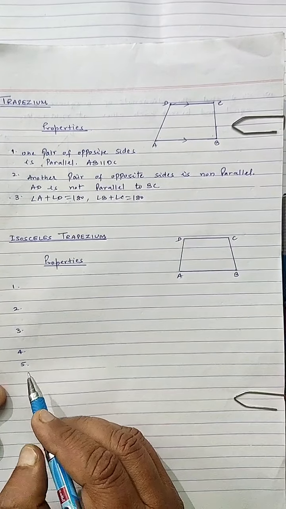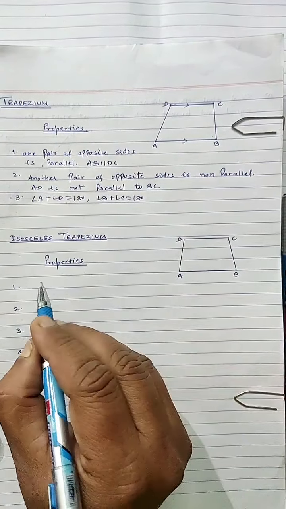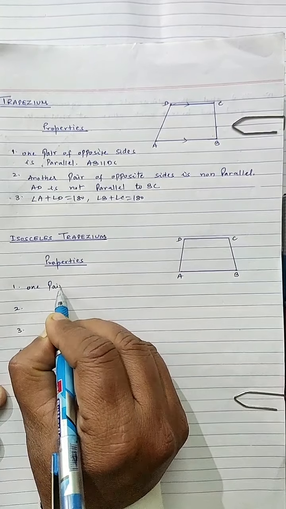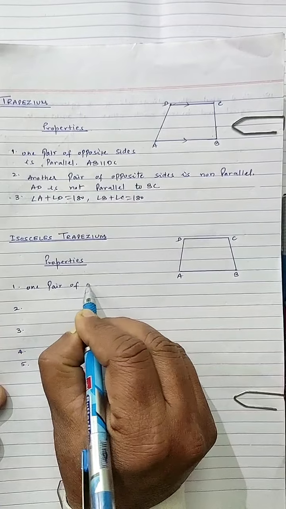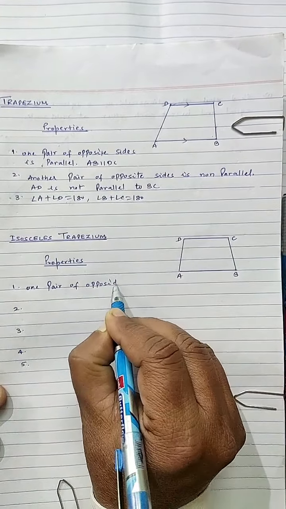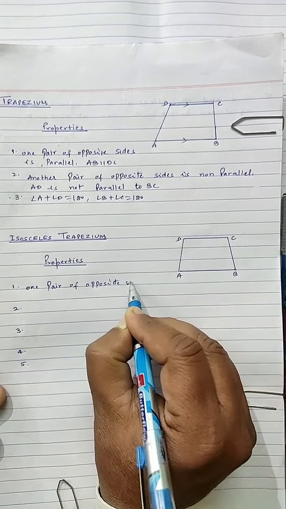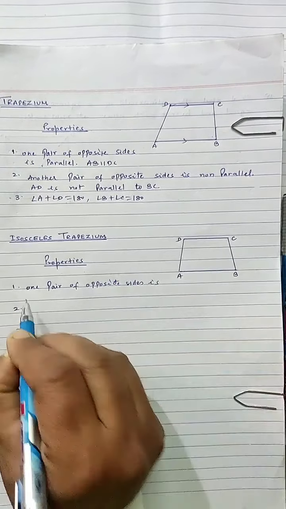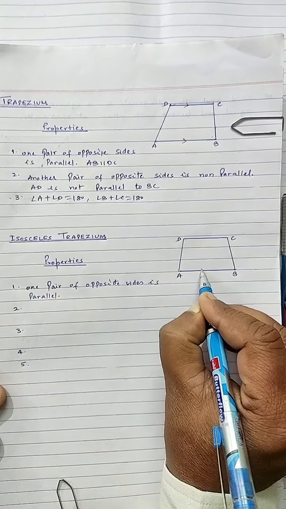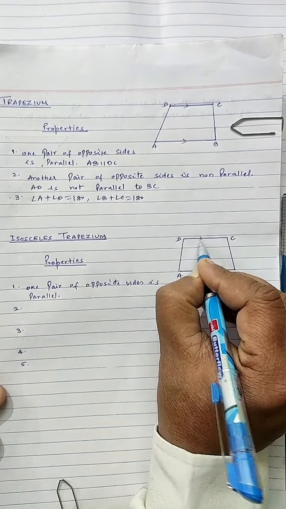Now, isosceles trapezium. In this also, one pair of opposite sides is parallel, that is AB parallel DC.